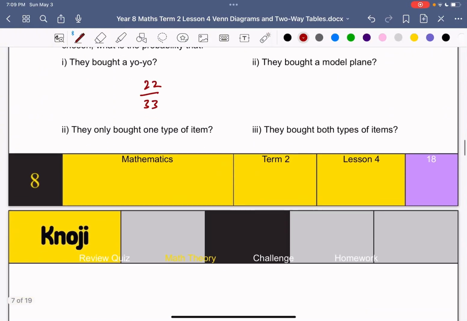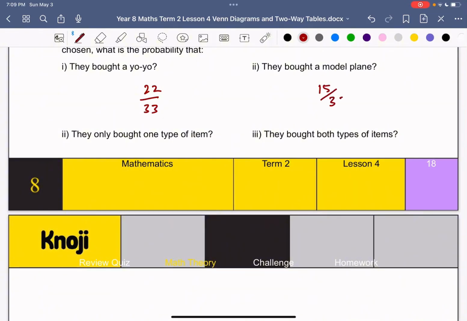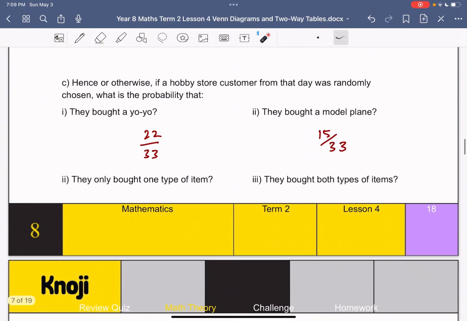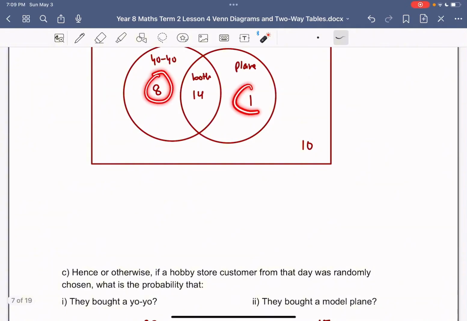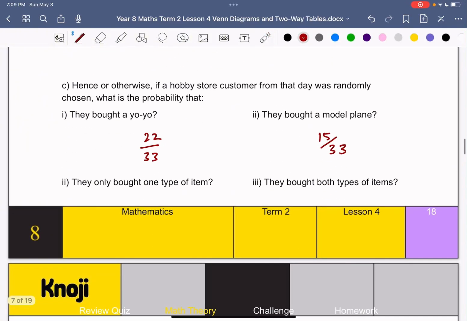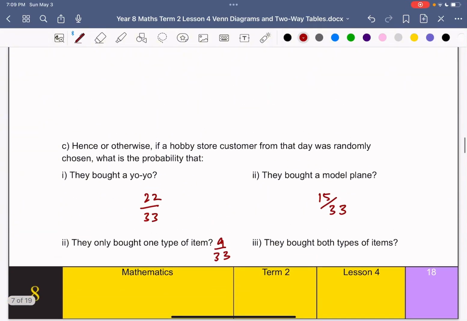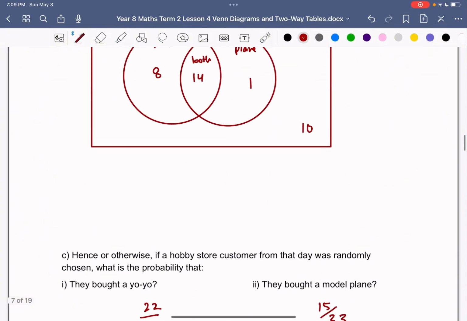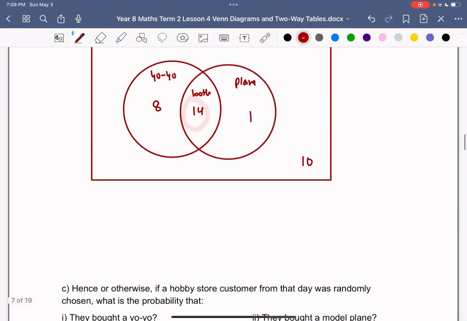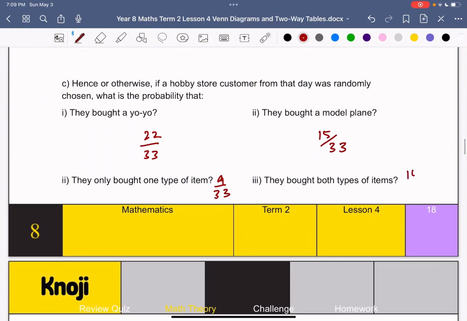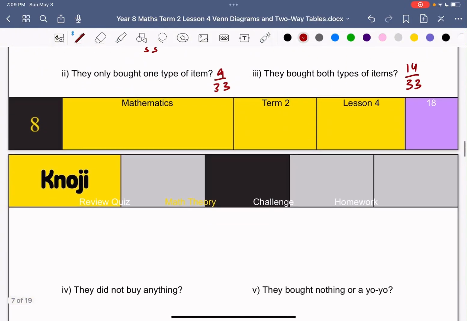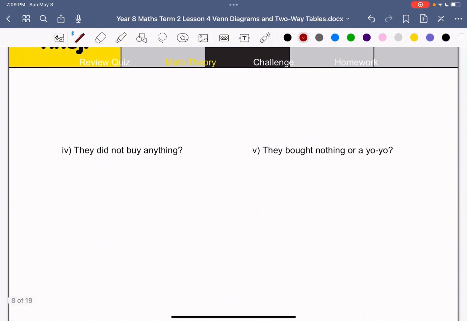So we're going to write 15 over 33. Only bought one type of item. One type of item is 8 plus 1, so 9 out of 33. And bought both types of items, so that is 14 out of 33. Did not buy anything, that was 10 customers out of my 33.